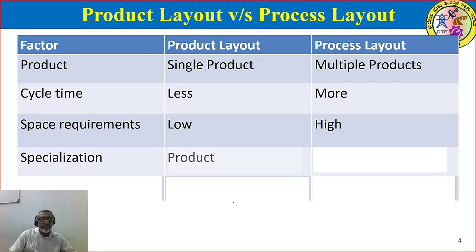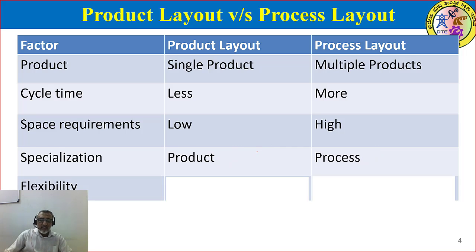Coming to the specialization, here everything depends on the product. So the product is the focus in the product layout. Here the process is the focus. Here machines are arranged as per the requirement of the product. Here machines are arranged as per the requirement of the process. That's why the name itself tells that one is product layout and the other one is process layout.